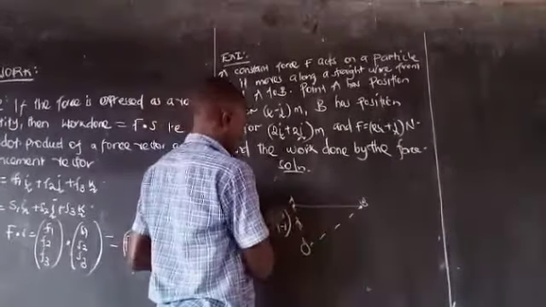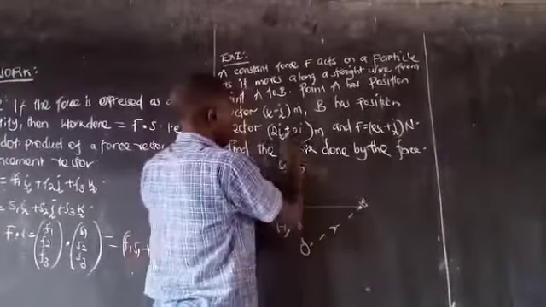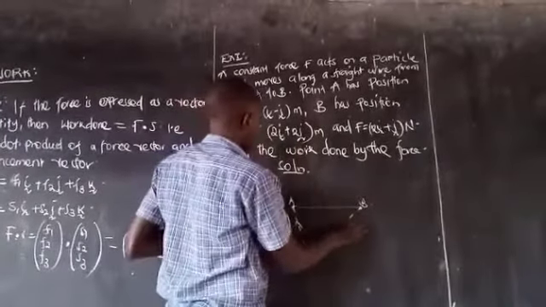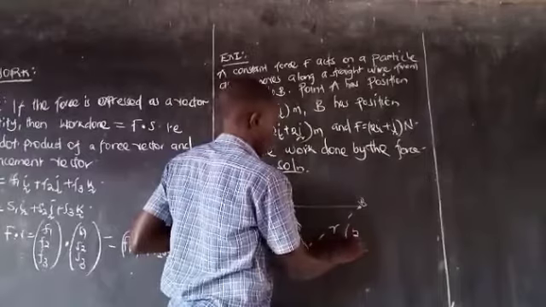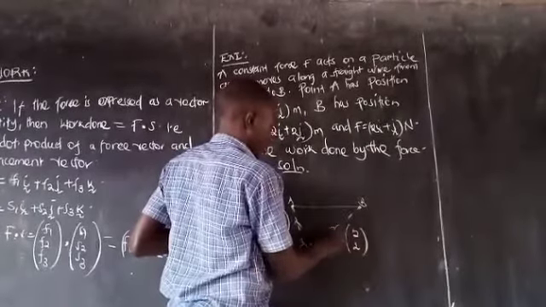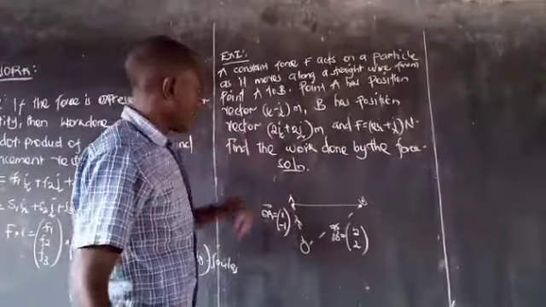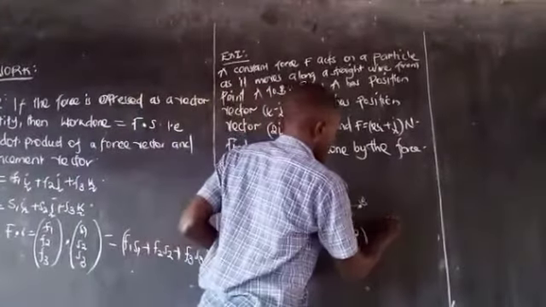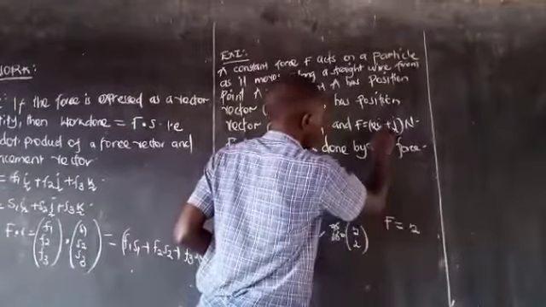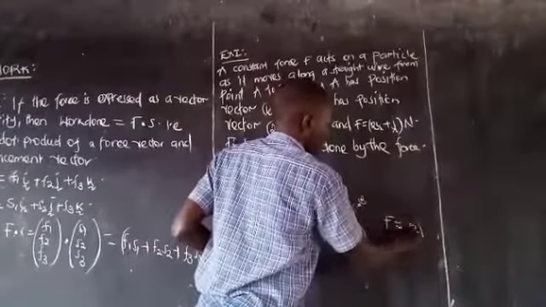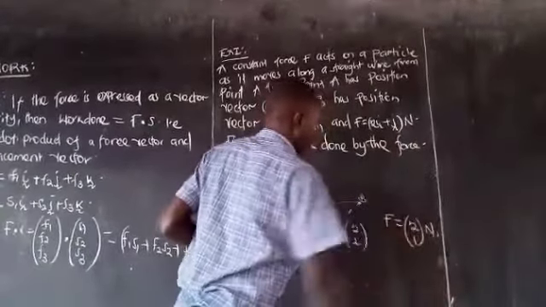And then this is vector OB, the position vector of B, and it is given as (2, 2). And then they are saying the force F is given by 2 in i direction and 1 in j direction in newtons.